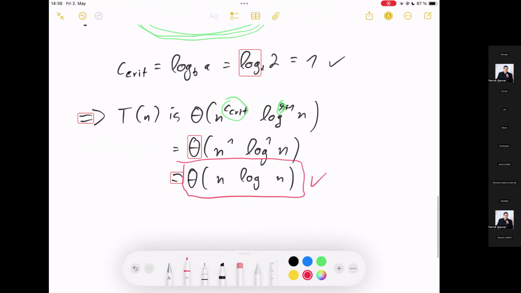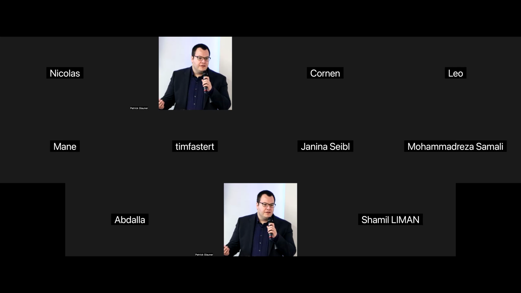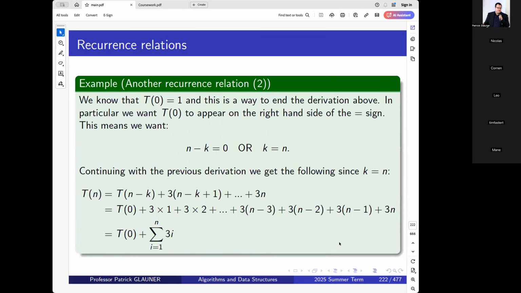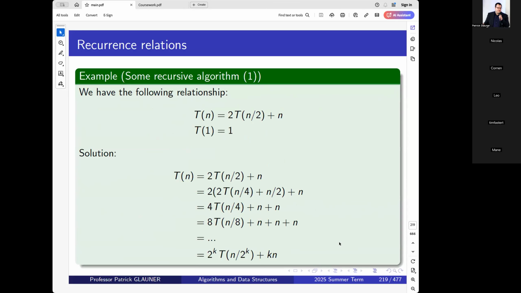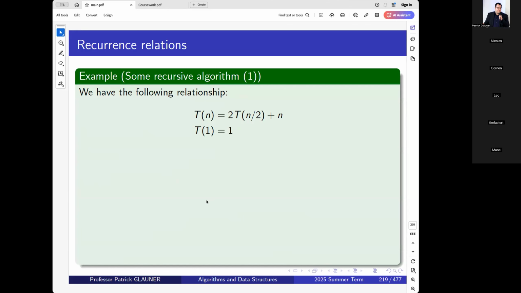And it works in a much more structured way, because we just apply the master theorem rather than trying to solve this manually. And just to be on the same page, it was this example here where we looked at this algorithm pattern and we said this is the recurrence relation 2 times T of n half plus n plus the base case.